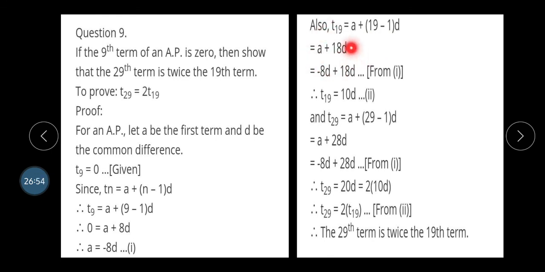But our A is what, students? Minus 8D. So instead of A, we are substituting minus 8D. So minus 8D plus 18D, we get 10D, with D as common. So T19 is equal to 10D. That is our second equation.